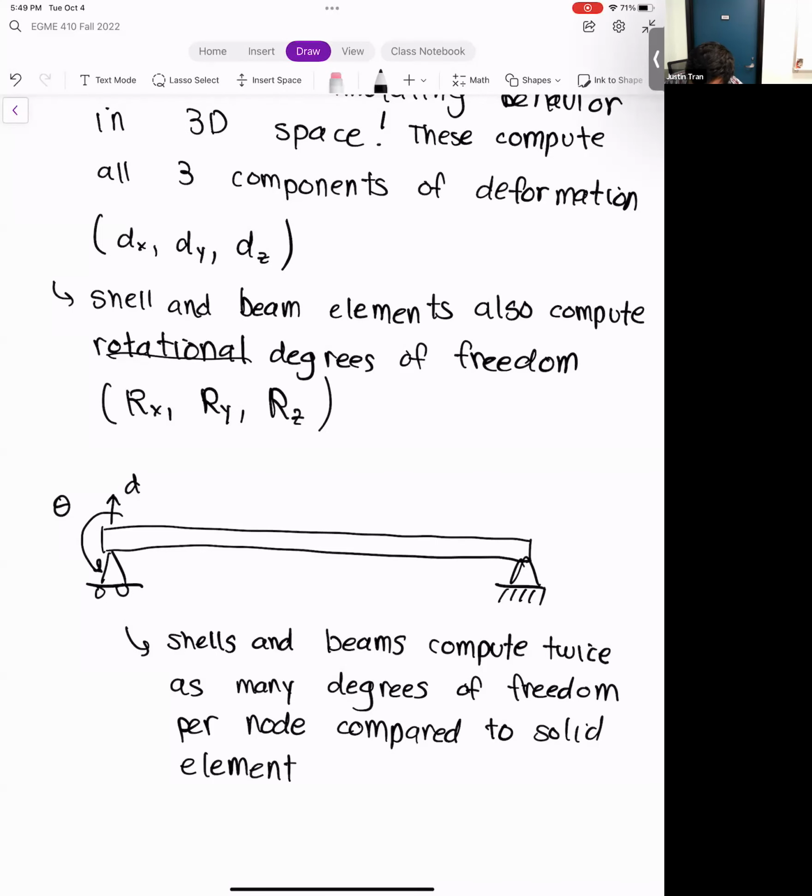But they kind of need to, because the elements themselves are not three-dimensional objects. To make sure they can interact in three-dimensional space with three-dimensional objects, we have to compute these additional degrees of freedom.